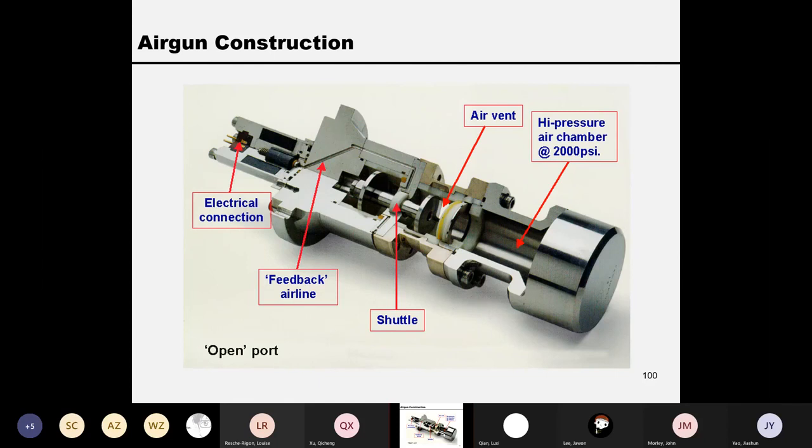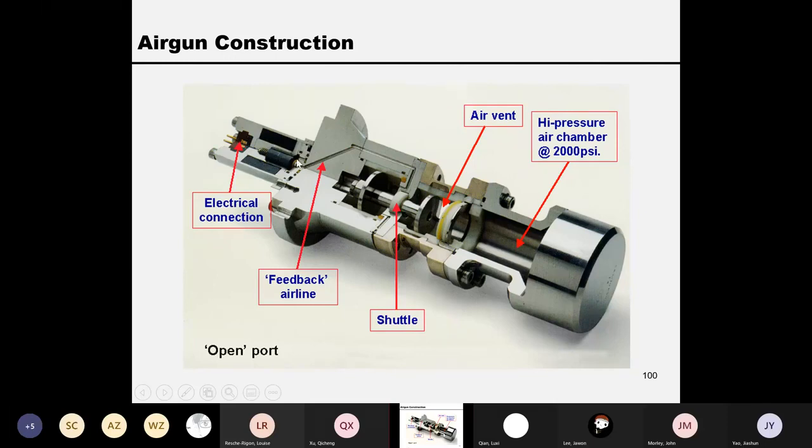This is a typical air gun construction here. This is the chamber for the pressure. So the air comes down from the side and goes to here.